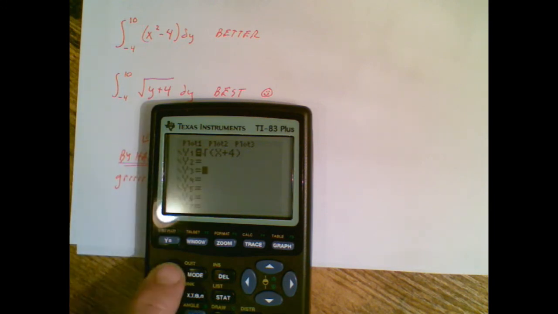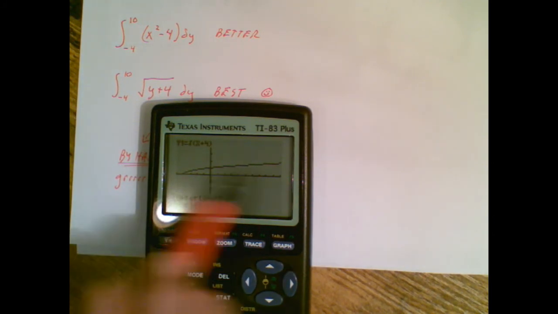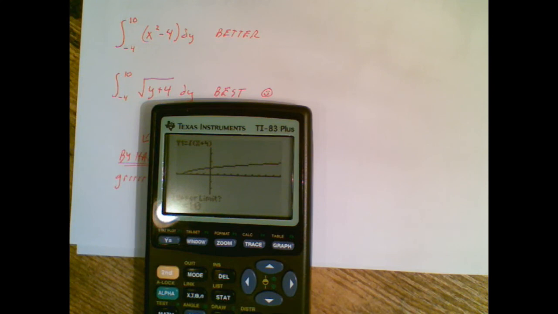So now I would go second calc, and option 7, I would integrate. Now as you're doing that, you might be concerned, I'm going to go from -4 to 10, you might be concerned because the graph doesn't look like the graph we're working with. Well, you just have to get over it because we've done some changing of the equation and rearranging. So this really is the answer, 34.922.